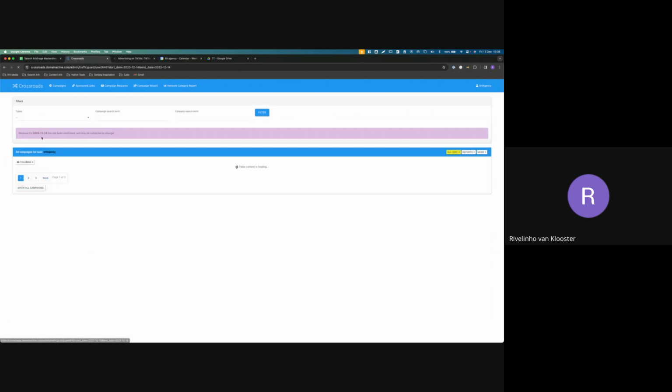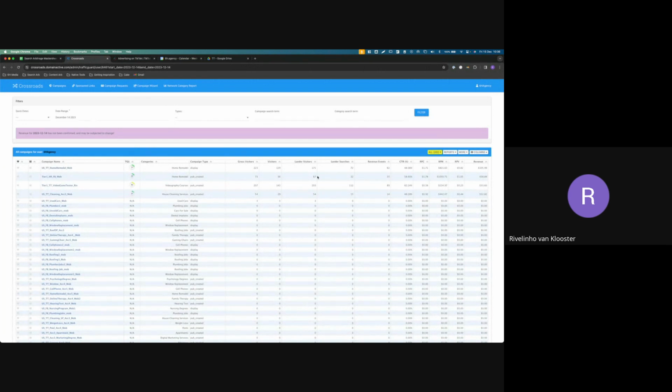So clicking on this, obviously I'm curious about it, and we see immediately that these two are home remodels. This is also a home remodel, you can see it in categories. It's got an RPC of 1.7, and it's across the different platforms. One's for Facebook, one for TikTok.